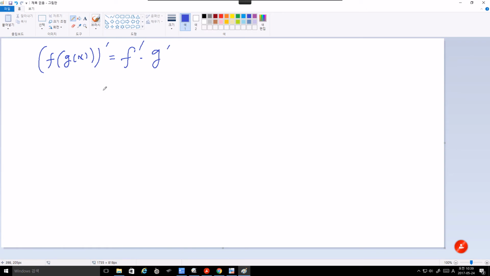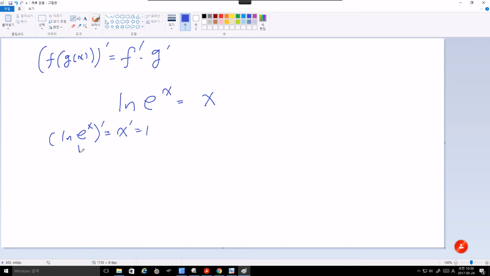Because the natural logarithm and the exponential function are inverse functions of each other, we know ln e to the power of x is the same as x, right? We know this one. So let's take the derivative of each side. The derivative of x is 1, right?